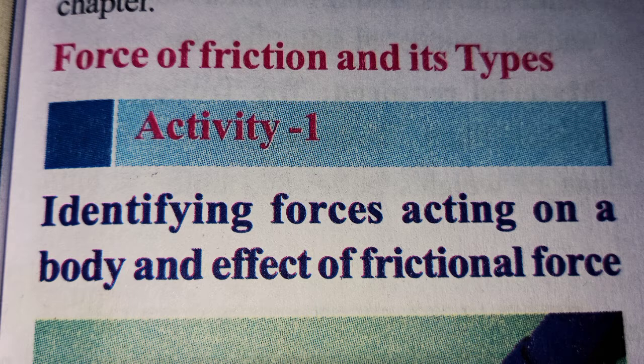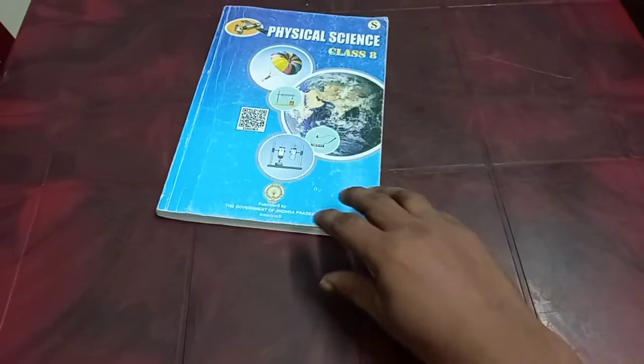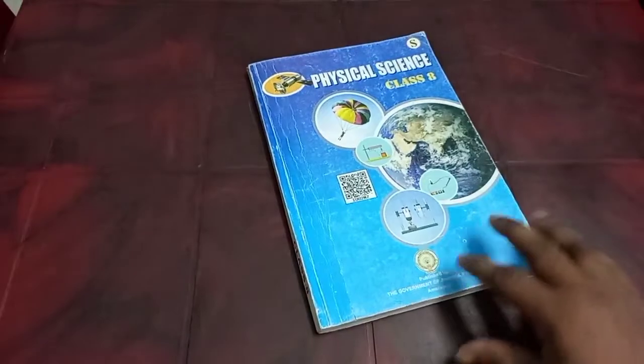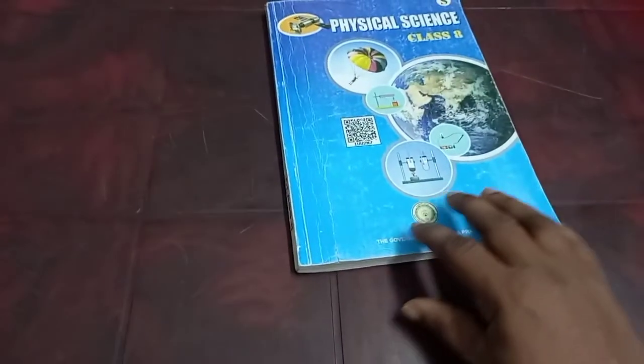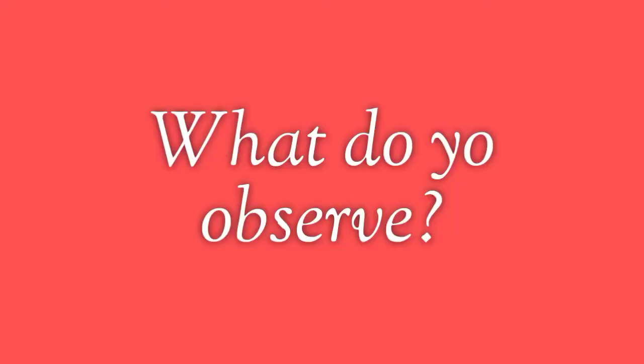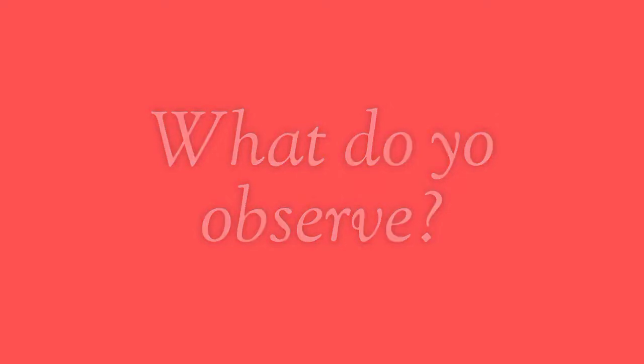So what do you observe? Let us observe what happens when you push a book on the table. You may observe that the book acquires a certain speed in the direction of push.